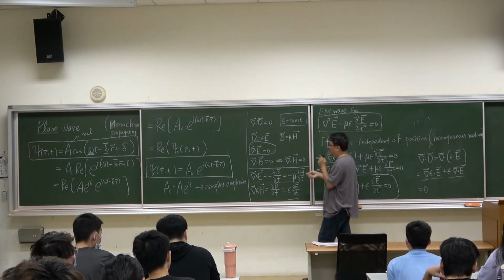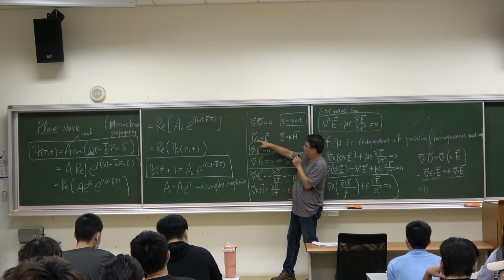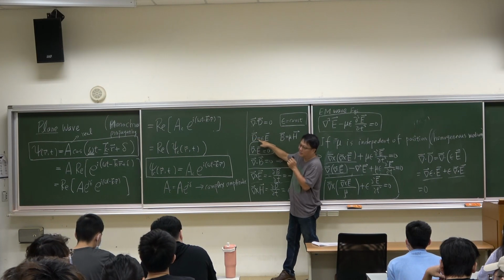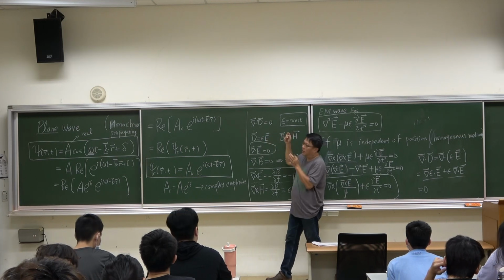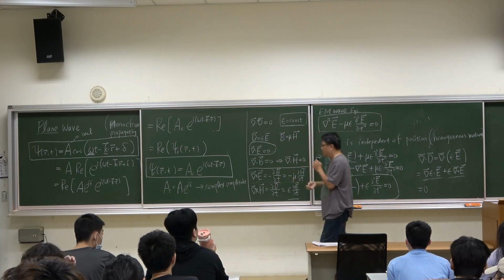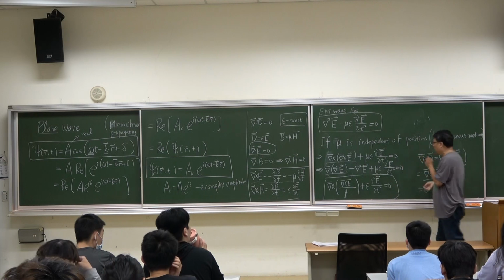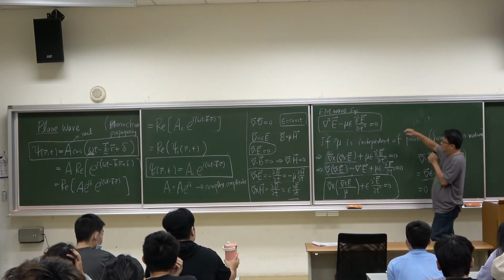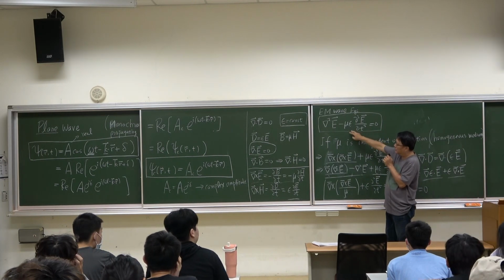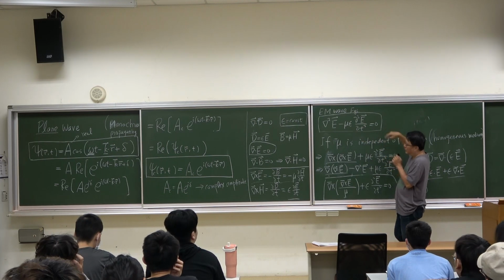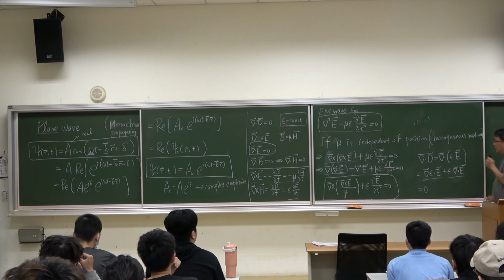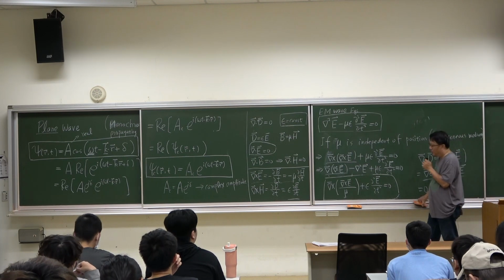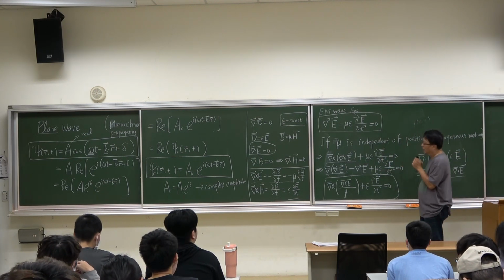In that case, we have D is not parallel to E, and epsilon becomes a tensor or matrix. Then we also cannot obtain equation as simple as this one. We must use some different method to obtain the relation between omega and k.